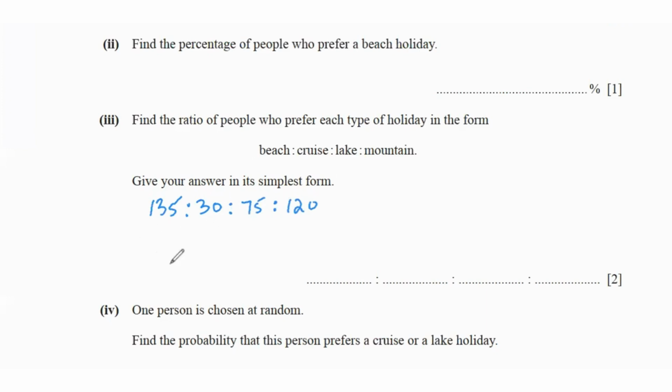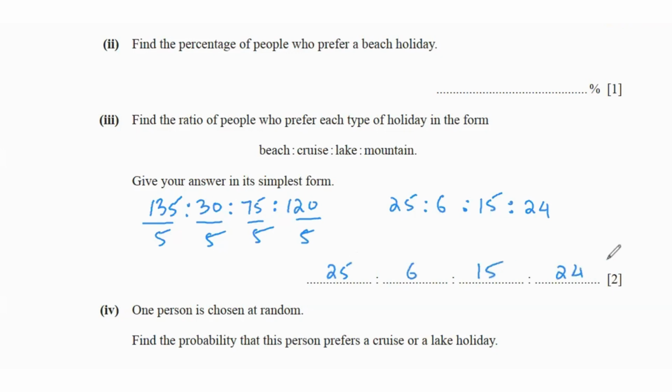So now we're going to simplify this ratio. All of these are divisible by 5. So I'm going to divide all of them by 5. That's going to give me 27 is to 6 is to 15 is to 24. So that is your answer in its simplest form because we cannot further break these down.